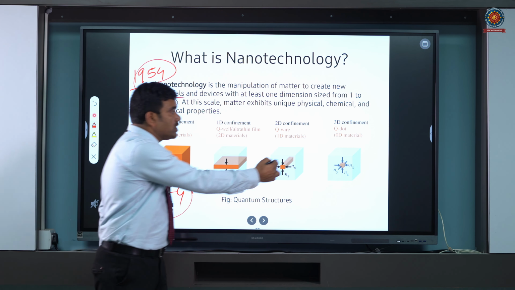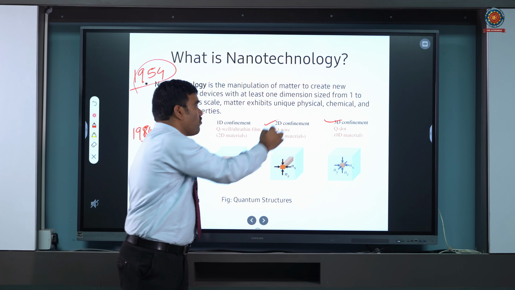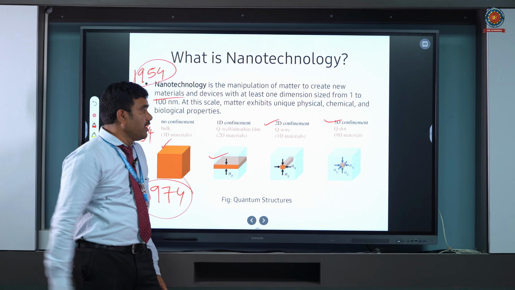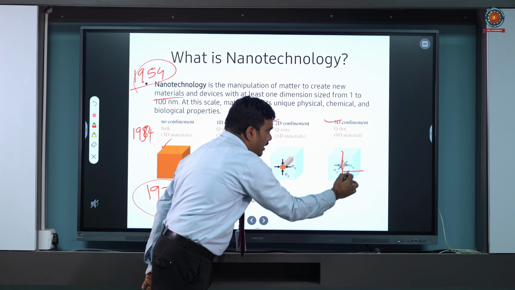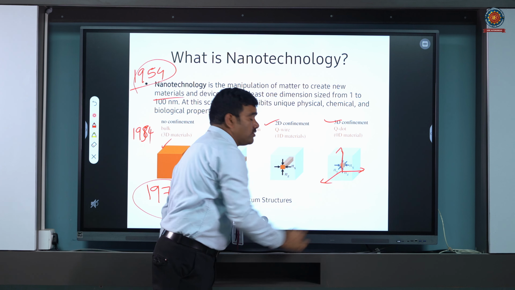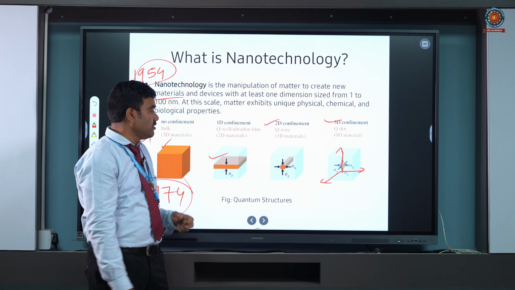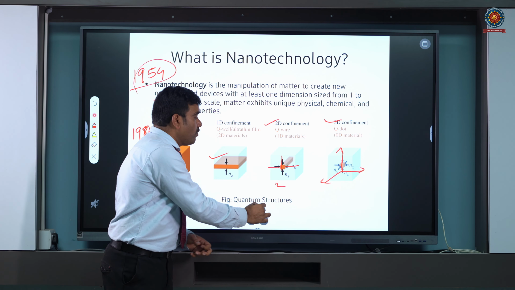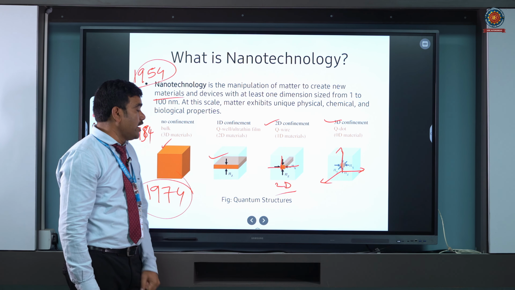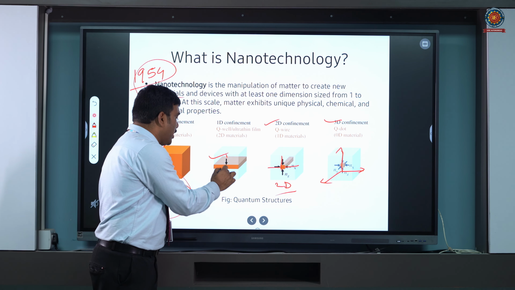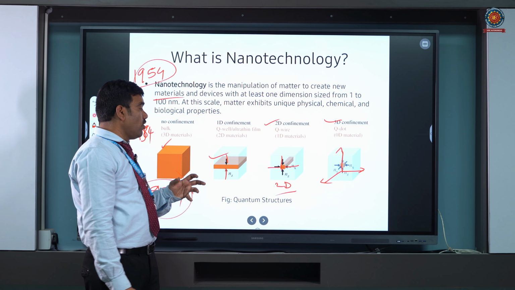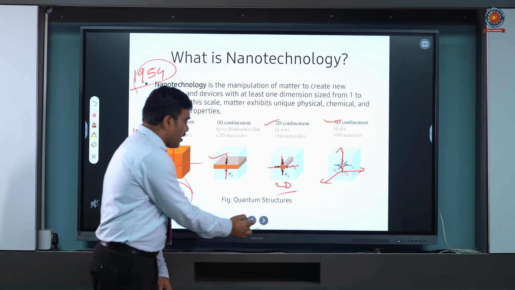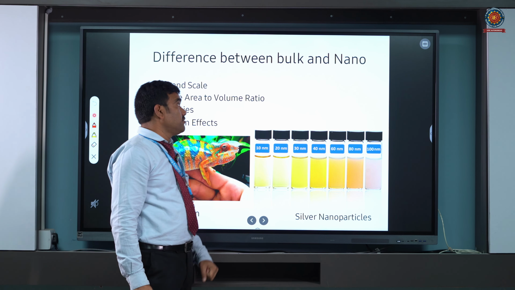Here, this is the quantum dot, this is the quantum wire, this is the quantum well, this is bulk material. In quantum dot materials, all three dimensions are below 100 nanometers. In quantum wire, two dimensions are below 100 nanometers. In thin films, one dimension is below 100 nanometers. In bulk materials, all three dimensions are above 100 nanometers.